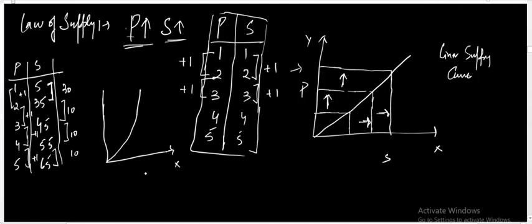Somehow a non-linear one, although this part is quite linear, but we have a non-linear part here. So the graph is going to be something like this, a kind of non-linear graph.